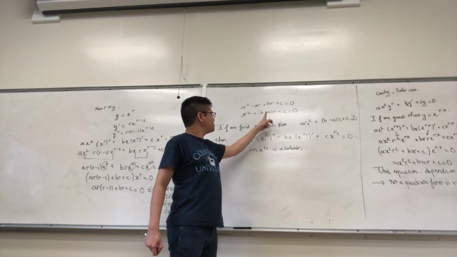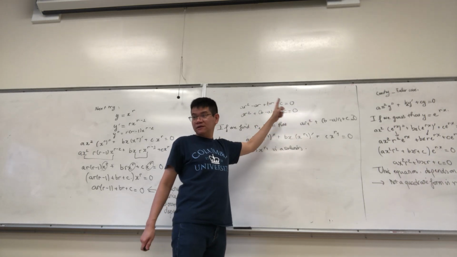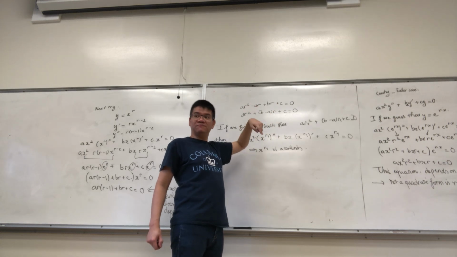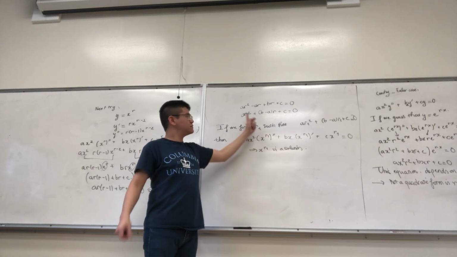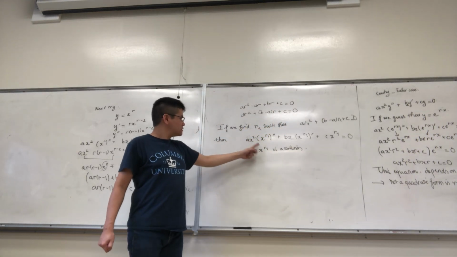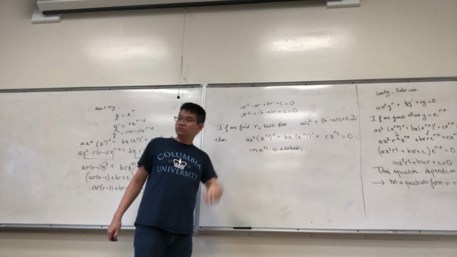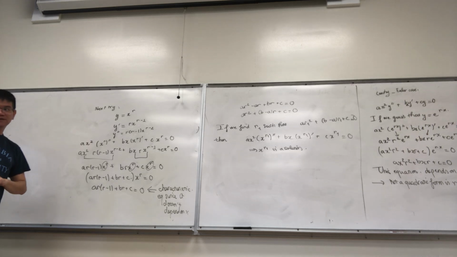I have ar squared plus (b minus a) r plus c is 0. This is the equation that I wrote for you in the beginning of the class. So if you can find a number r1 that solves this equation, then x to the r1 is a solution of the Euler-Cauchy equation, right? So this explains the difference between the two formulas that I gave you before.